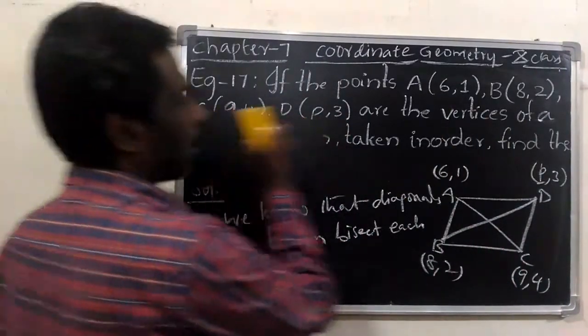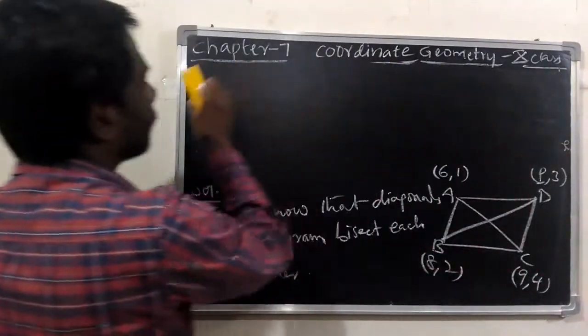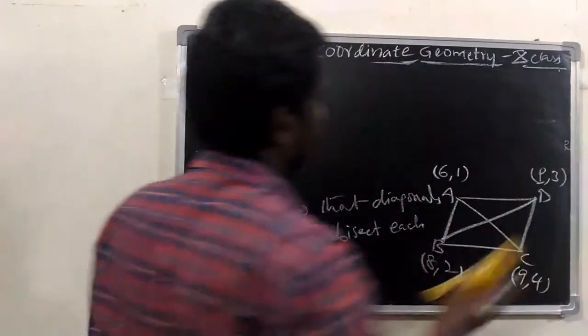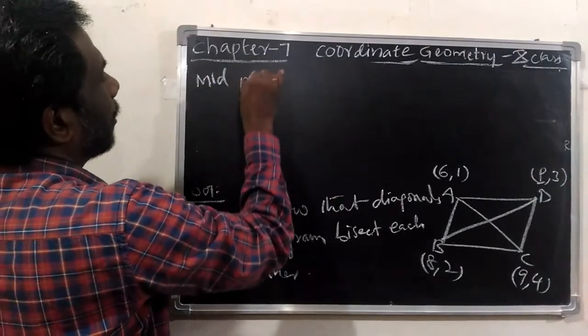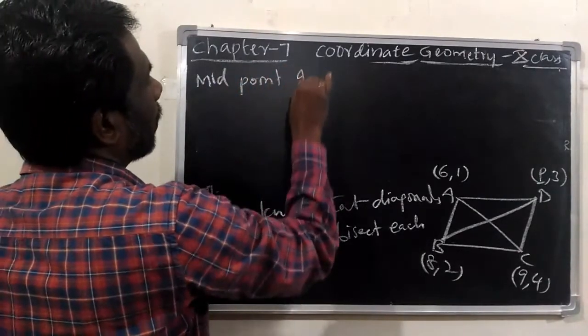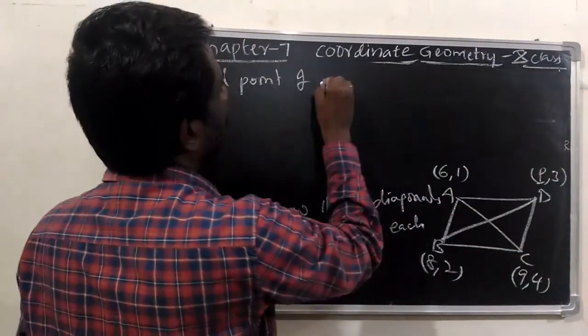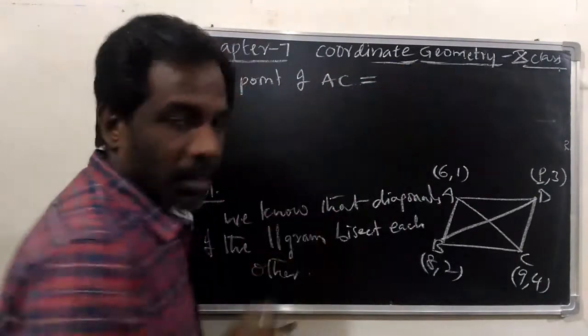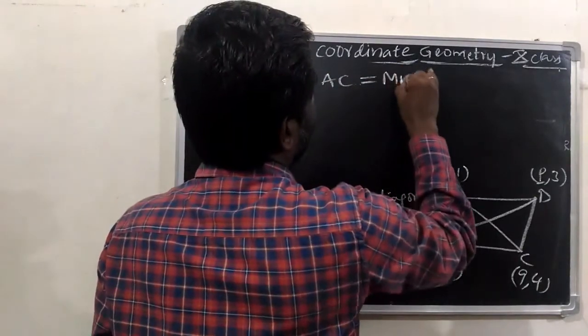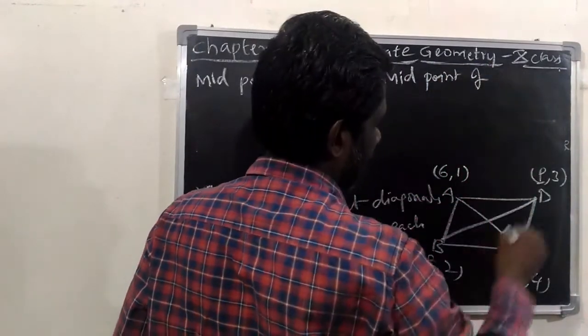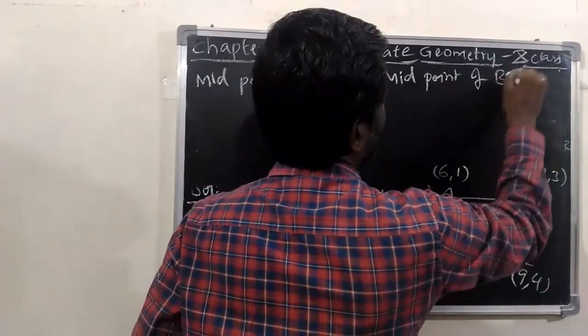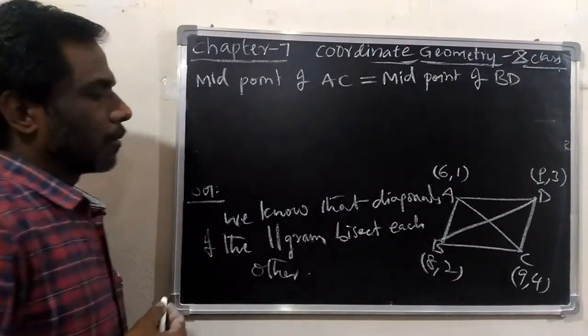See, now I am writing. The midpoint of the first diagonal AC equals the midpoint of the other diagonal BD.